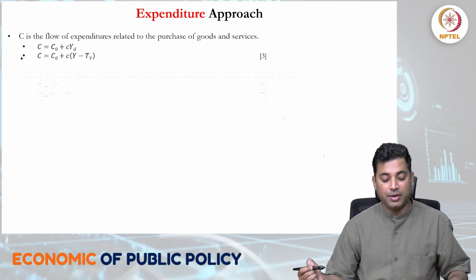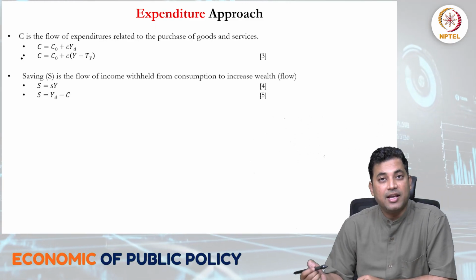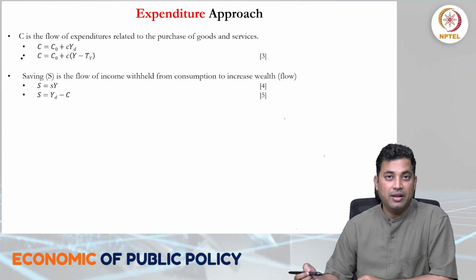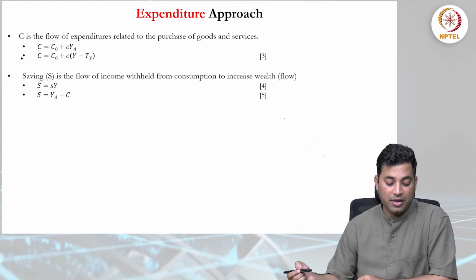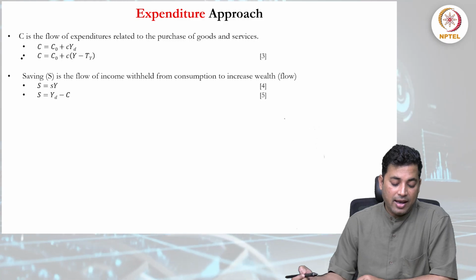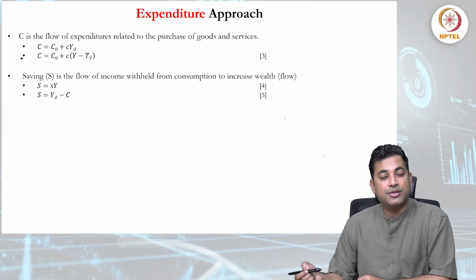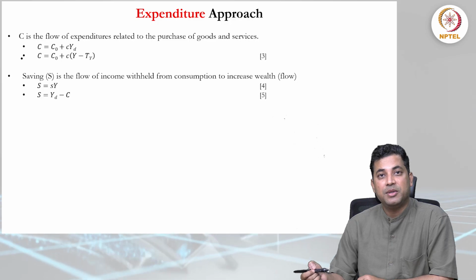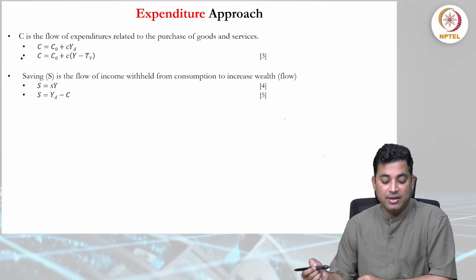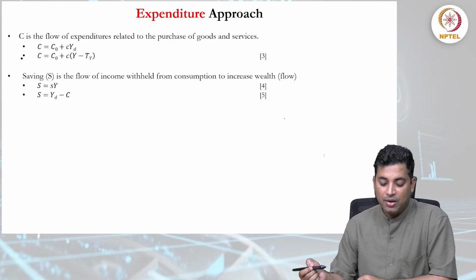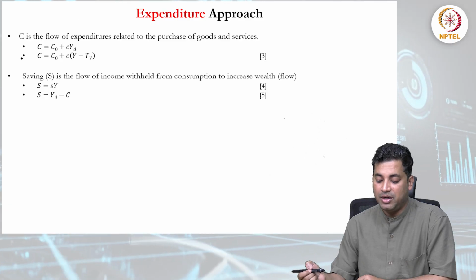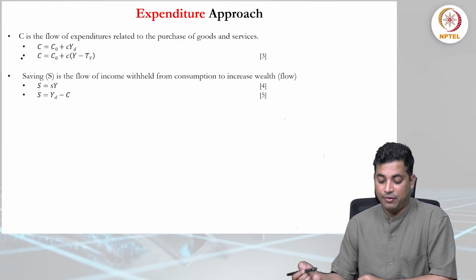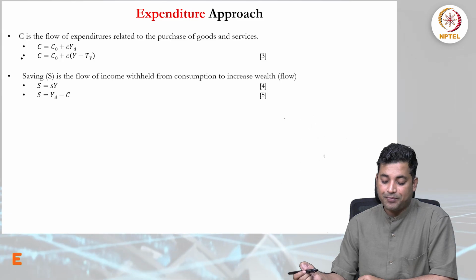Now for savings, another important concept in our national output equations. Here saving is a flow, as we already explained in our previous lecture, the difference between flow and stock. Saving is the flow of income withheld from consumption to increase wealth, which is again a flow.